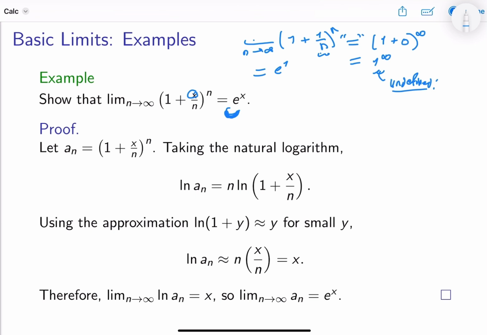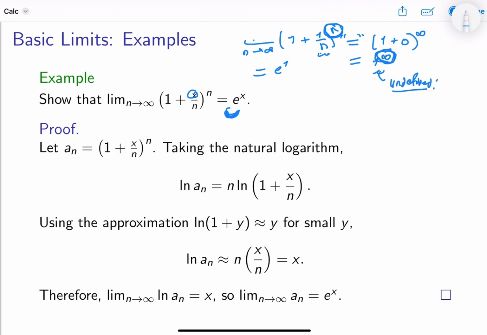So what is annoying here? What's annoying is that we have an n in the exponent, which results in a power of infinity. And how do we usually get rid of an exponent? We usually take the logarithm, right?